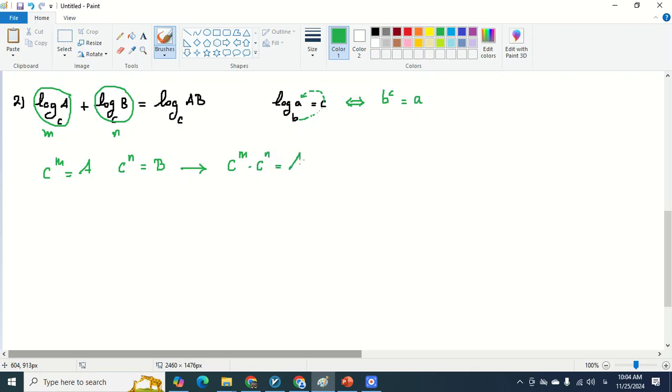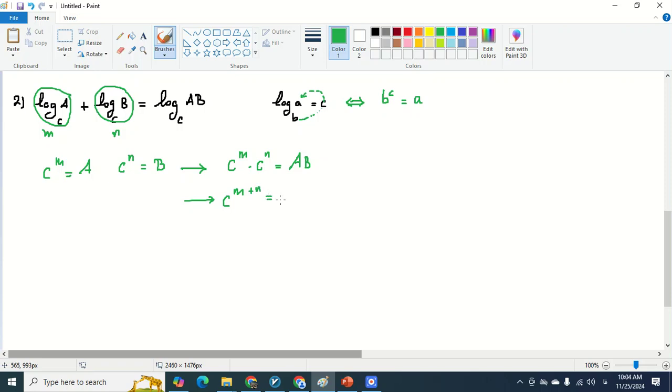Because the bases of that multiplication are the same and their exponents are different, I can rewrite it as c to the power of m plus n is equal to a times b.